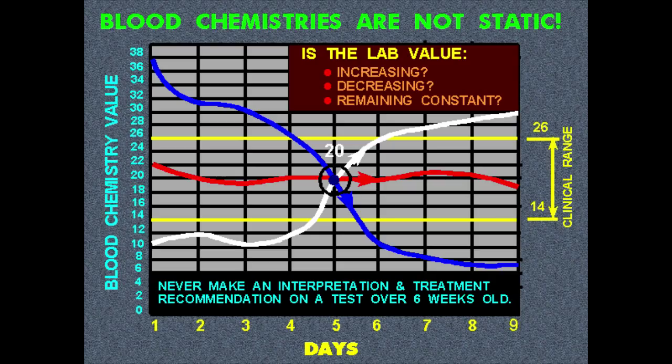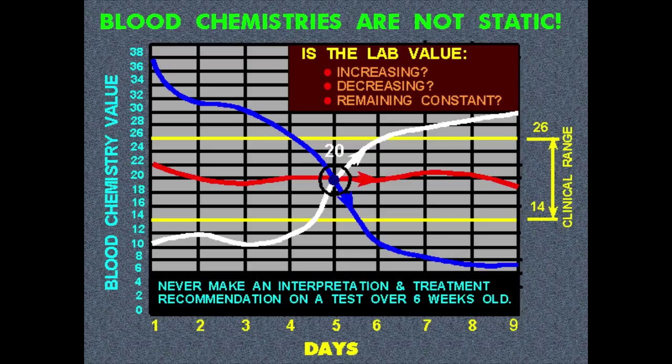When you observe a test result, you must remember that the number you are observing may be in a state of continuous change. That is, it is either increasing, decreasing, or it may be holding fairly constant. This slide image demonstrates three separate tests.